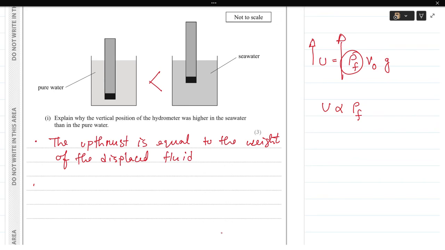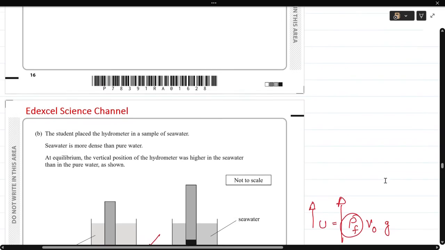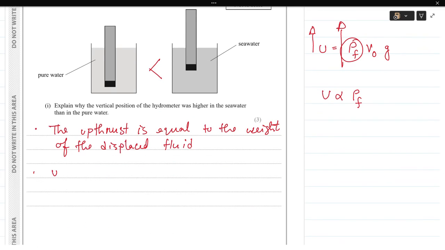and the upthrust is equal to the weight of the hydrometer, because we drew it in question number 1. So upthrust is equal to the weight.